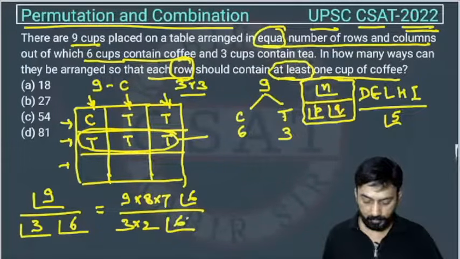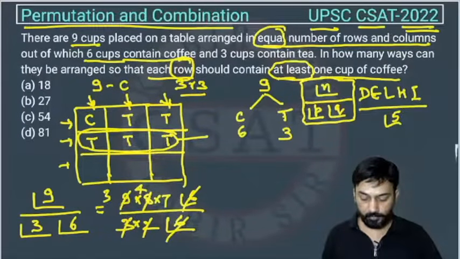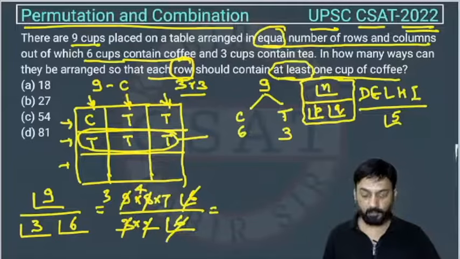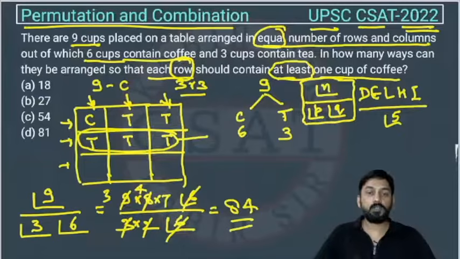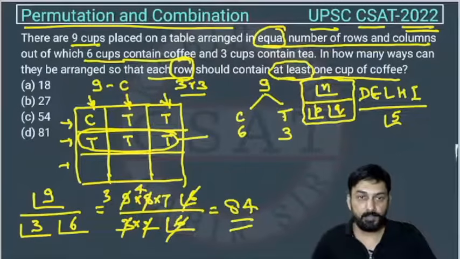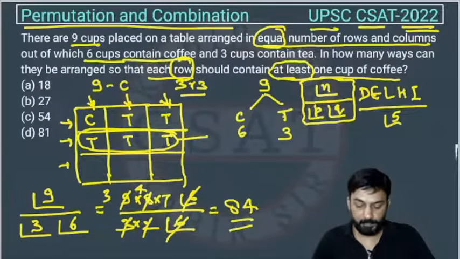This factorial 6 will cut the other factorial 6, this 3 will cut the 9 three times, and this 2 will cut the 8 four times. This 4 threes are 12 into 7, so 12 into 7 is 84. So the total possible ways are 84 ways. So in total 84 ways we can arrange tea and coffee cups, right?